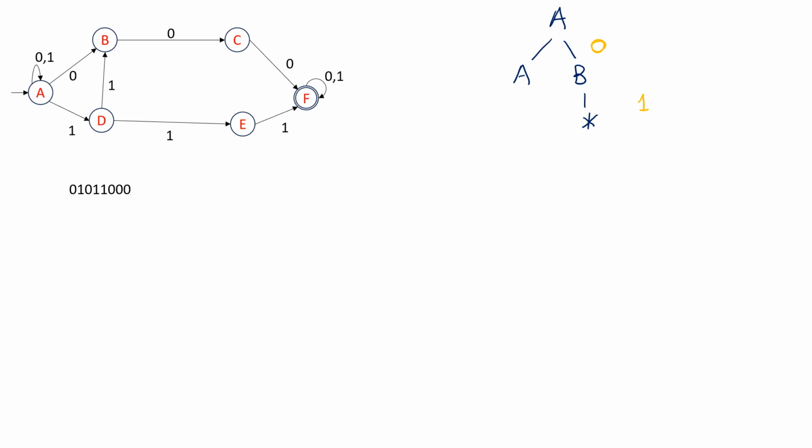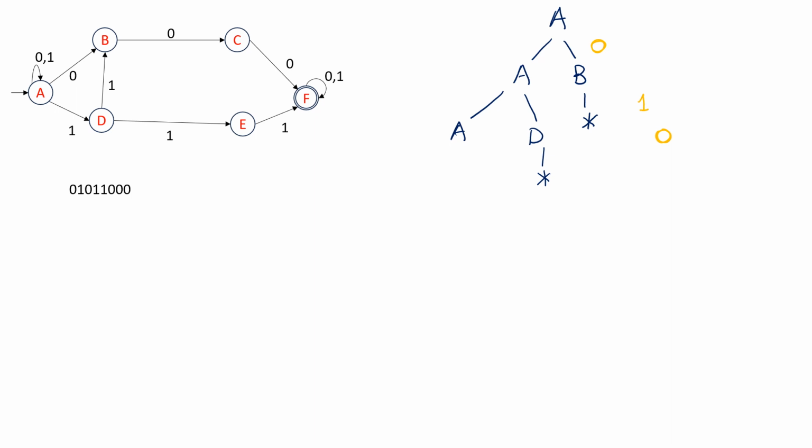That doesn't go anywhere. From A, though, I can read a 1, and I can go either to A again or to D. Now I've read 0 and 1. The next letter I want to read is 0, and from D, I don't have the ability to do that. So again, I'm going to fail.